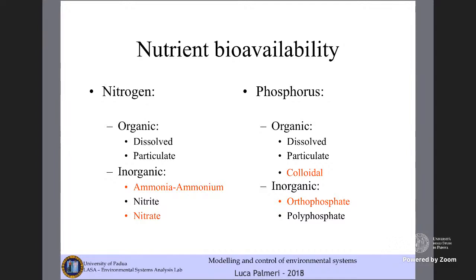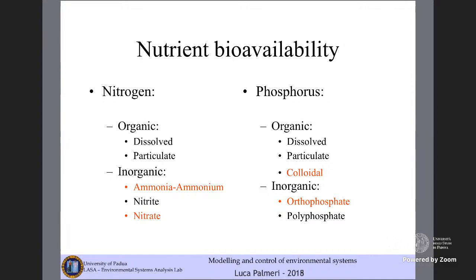And then for the inorganic forms, we have orthophosphates or polyphosphates. We know that orthophosphates are the more bioavailable because, again in terms of molecular dimensions, they are much easier to absorb or to pass the cellular membrane than polyphosphate.